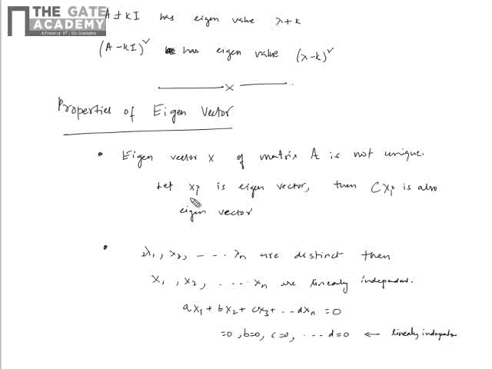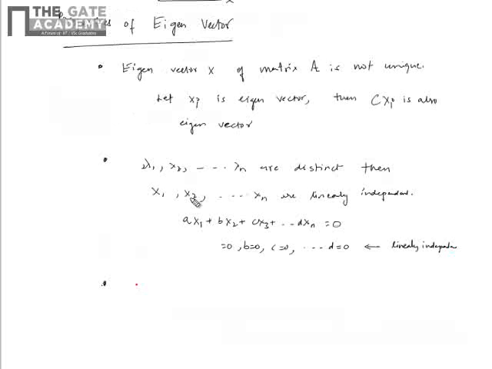Another important property is that any two eigenvectors of a matrix are called orthogonal vectors if x1 transpose x2 is equal to 0.